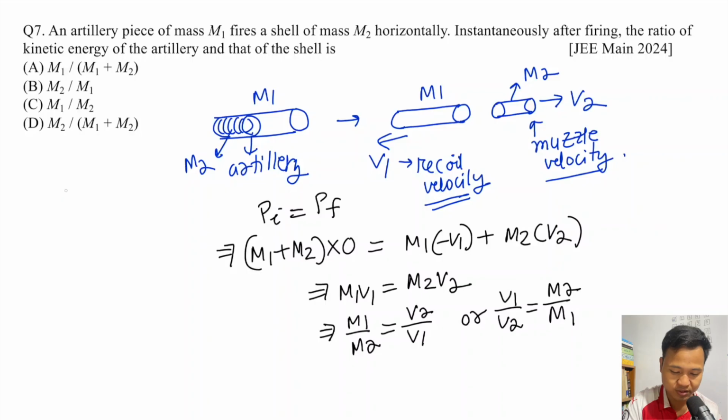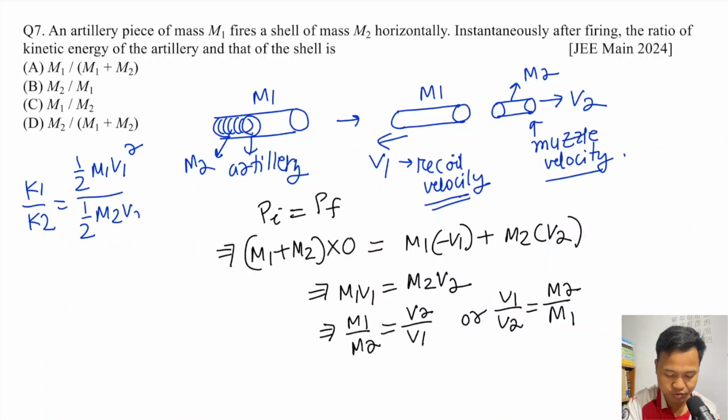The ratio to artillery is to shell adozula na. So therefore k1 by k2, which is what? Half into m1 into v1 square divided by half into m2 into v2 square. So half cancel out. Option ahi m1 m2 nga changa amji achu. So we have to convert velocity into mass.